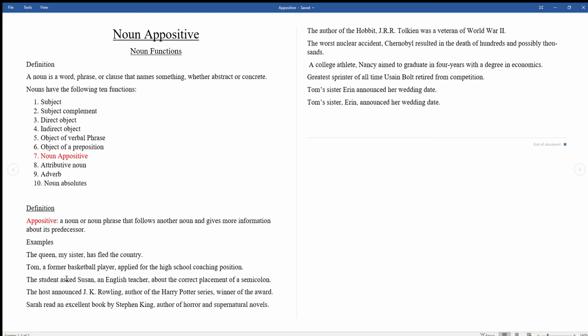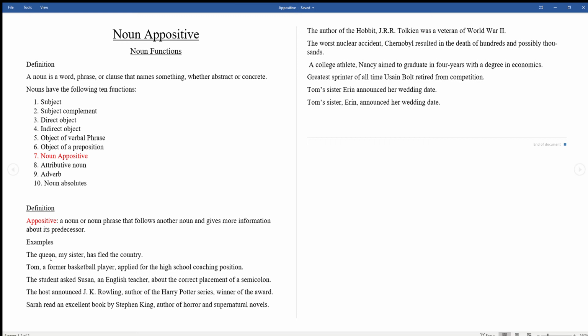So in this case, Susan is actually the direct object of the word asked. We have the appositive again marked by the parenthetical commas, an English teacher.